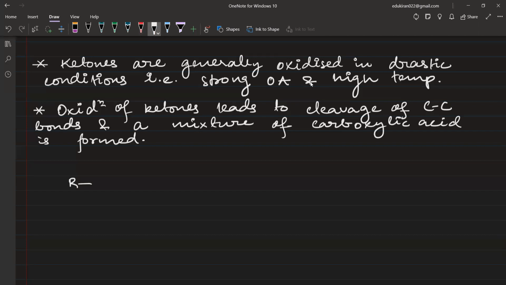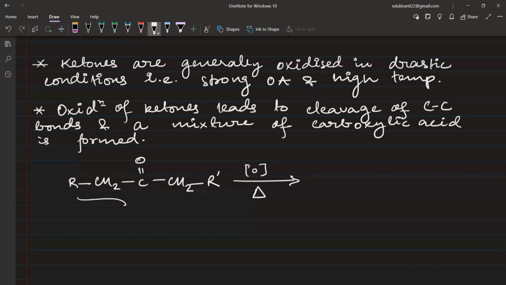So see here, if you have R, some CH2, C double bond O, you have CH2 and some R dash. So when you are going to oxidize it, suppose you are having strong oxidizing agents such as CrO3 in the presence of H2SO4, KMnO4, K2Cr2O7, any strong oxidizing agent, at high temperature. Let me number this bond: 1, 2, and 3.